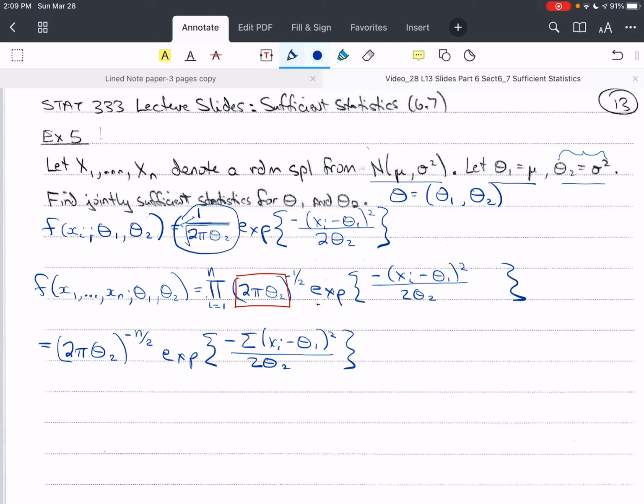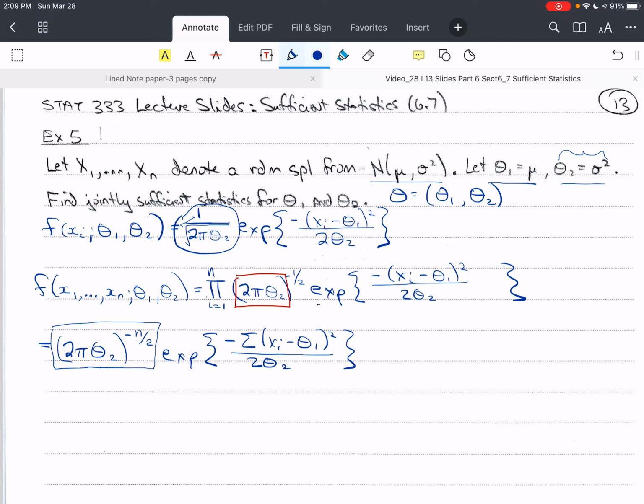And what I'm going to do is I need to do a couple of things. First, I need to make this, well, I don't have to, but I'm going to put this into the exponent, the exp. Why? Because this is an exponential family, it's going to be a lot easier to find this, but I want theta together.